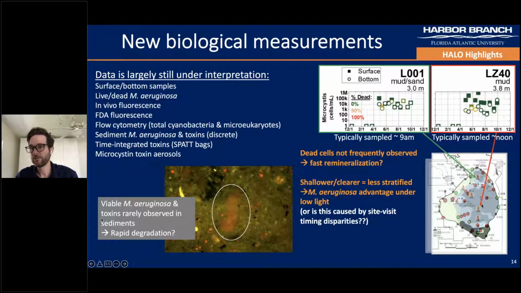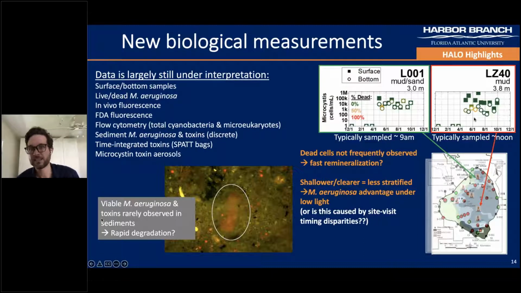When we go to a deeper area of the lake, and I mean this is like 3 meters versus 4 meters, so we're not talking too much deeper, but this one has a very muddy bottom, that typical anthropogenic sourced mud that's been accumulating over the last century or so, we do see a much higher density of cells at the surface than at the bottom.